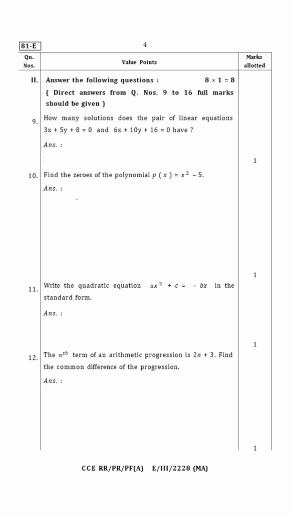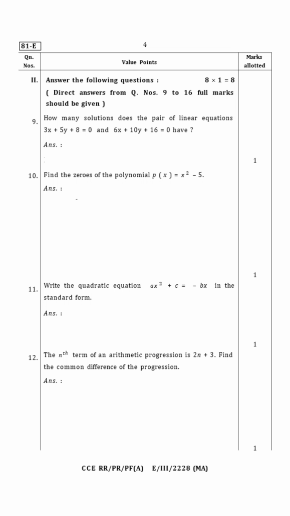Okay. How many solutions does the pair of linear equations 3x plus 5y plus 8 is equal to 0 and 6x plus 10y plus 16 is equal to 0 have? The question is taken from the chapter A pair of linear equations in 2 variables.